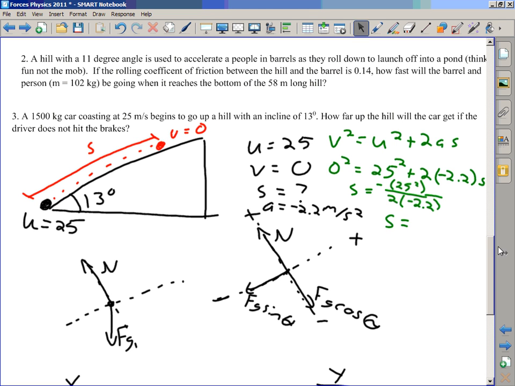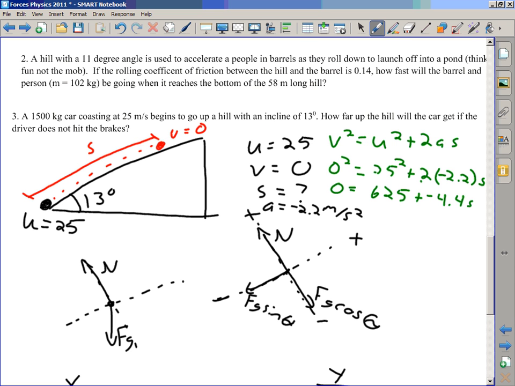Let me work this through step by step. What's 25 squared? 625. Plus 2 times negative 2.2. You don't need to calculate for this. Negative 4.4 for s. Move my 625 to the other side and subtract it over.